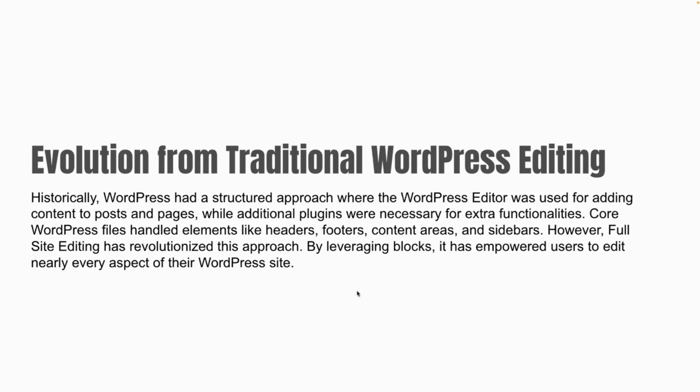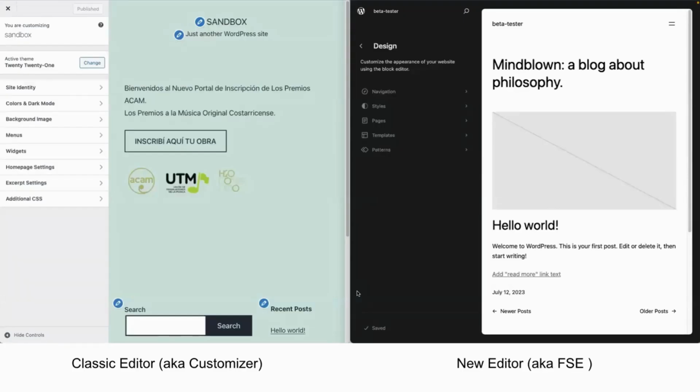Okay, so now this is what full site editing and a classic theme can look like together. This is the customizer, and that's the closest thing we have to edit a theme without modifying files.